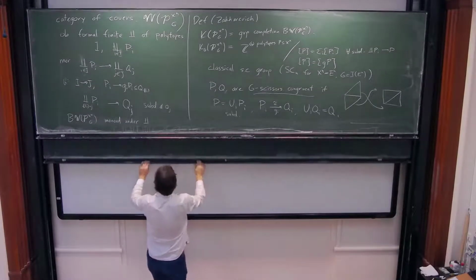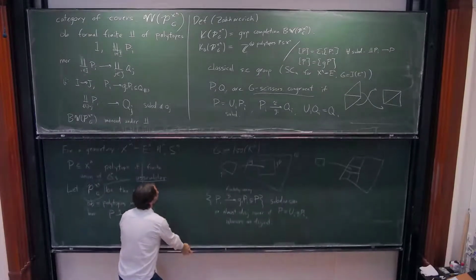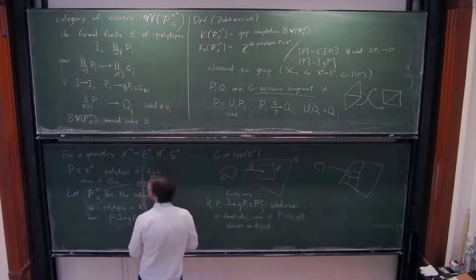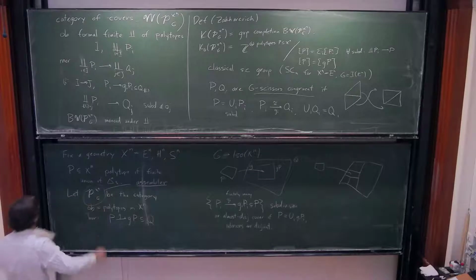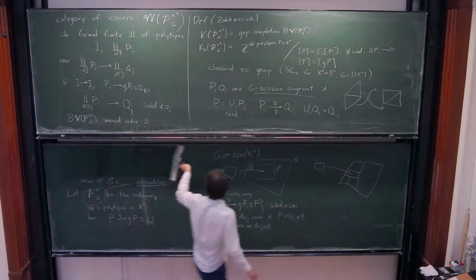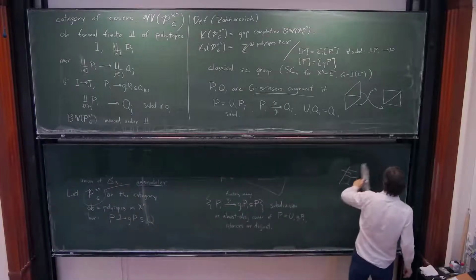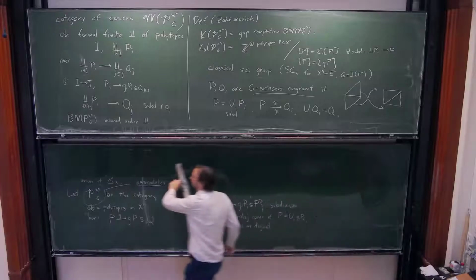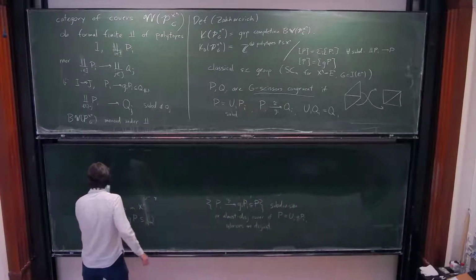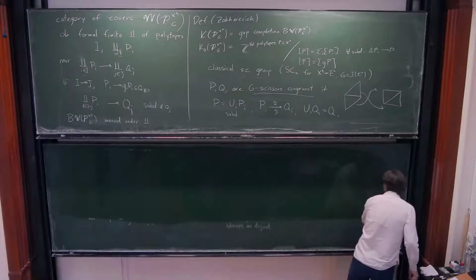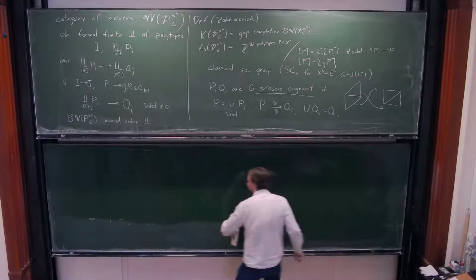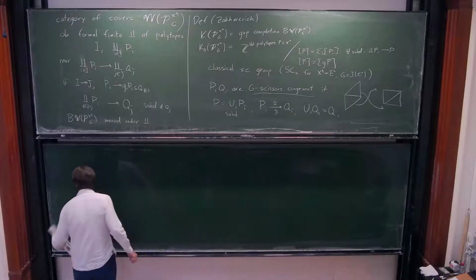So this group is important because it's capturing scissors congruence. More precisely, if you look at that definition, it's pretty easy to see that if P and Q are G scissors congruent, then their classes are equal in this group. The converse is also true. This is a theorem of Zylev: the converse is also true as long as G is big enough that it's acting transitively on the geometry X_n.